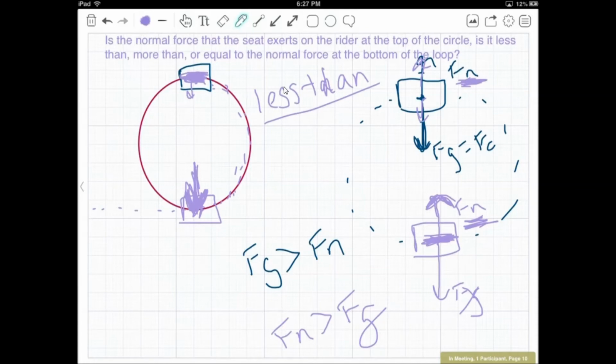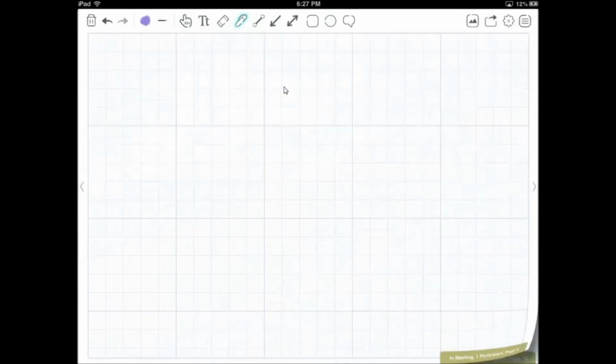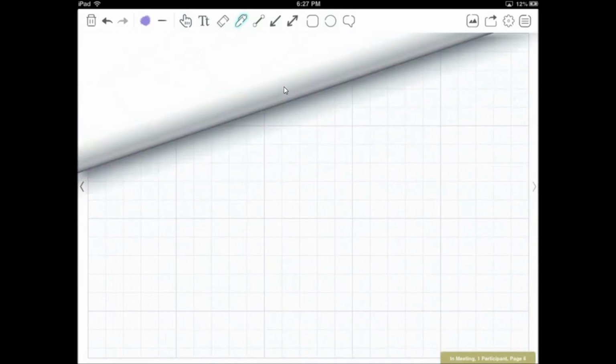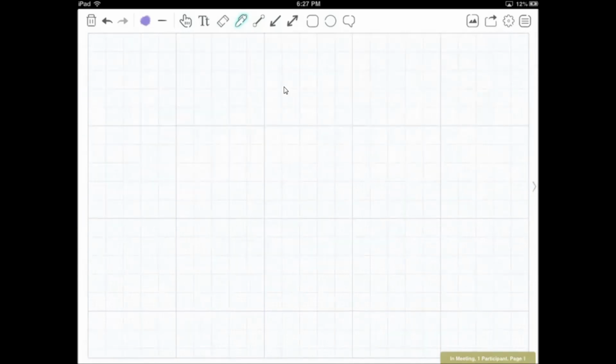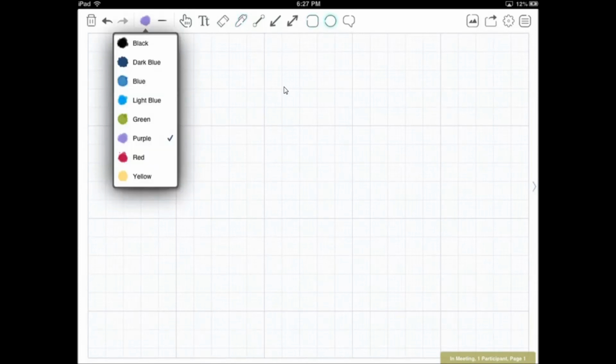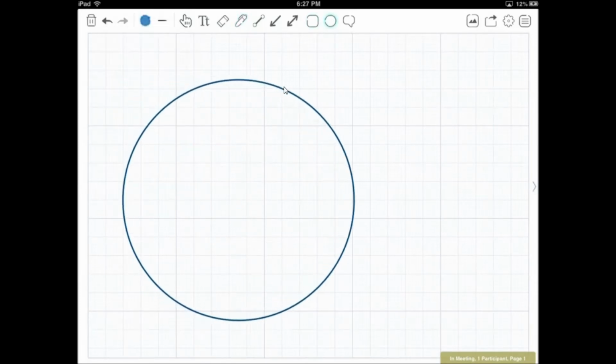All right, moving on. Let me go back to page 1. So the next common physics problem that you see with circular motion is a car going around a curve, right? So let's say this is our track.